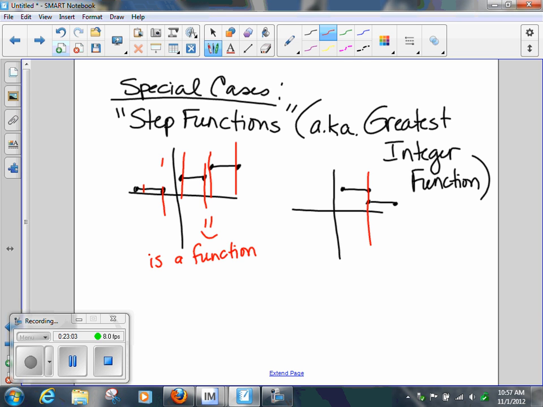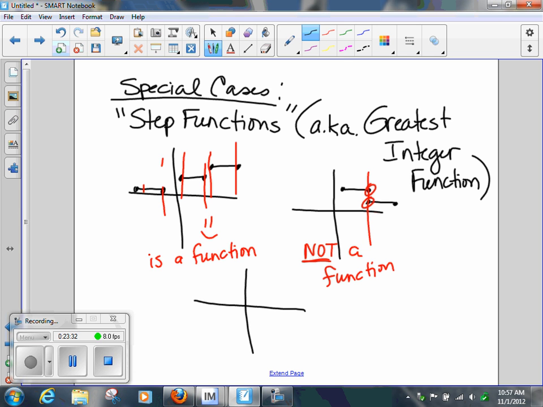Because I could draw that vertical line, folks, and that x value is going to be the same, okay? Because it's crossing that function two times. So this is an example where a step function is not a function. And why do we call it a step function if it's not a function, right? It'd be just a step. Very good.